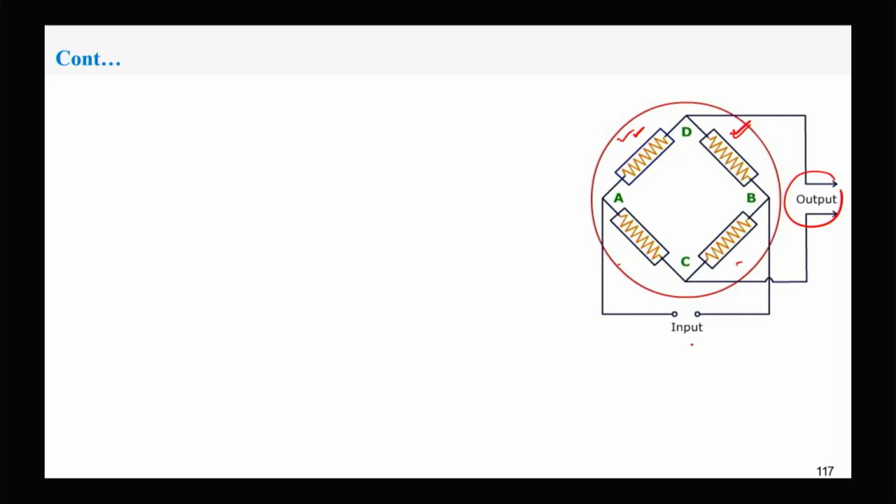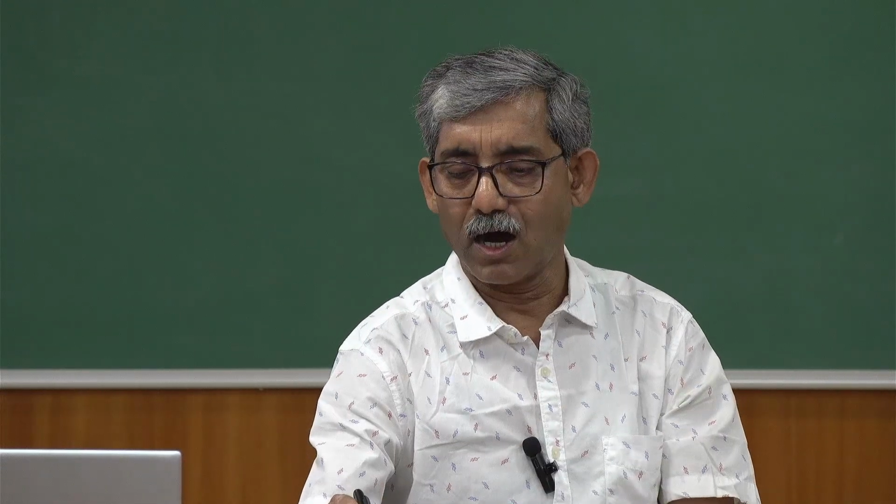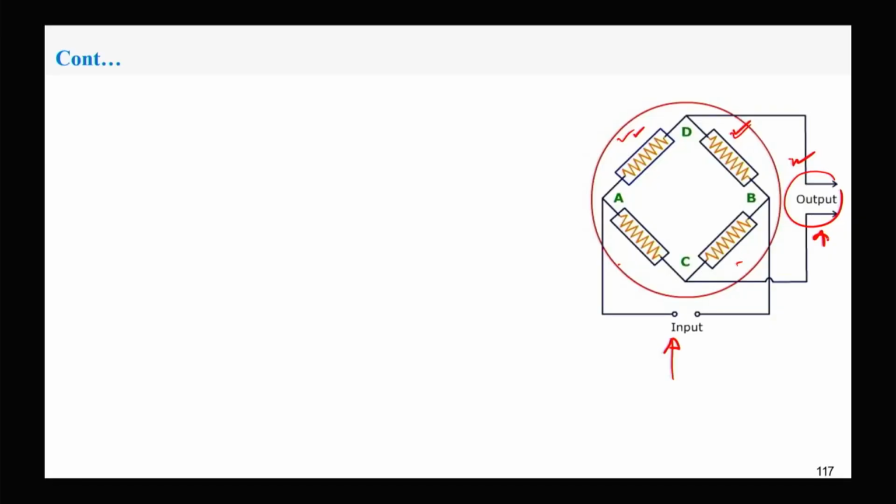But when the load is applied and the resistance wires are extended or contracted, then depending on the extension and contraction, the system will generate some output signal.